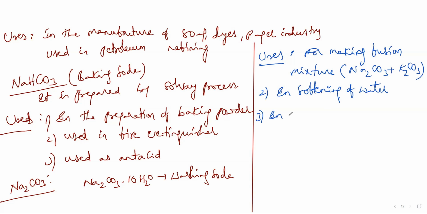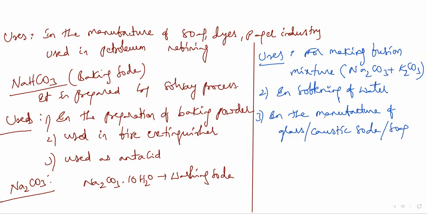Next, in the manufacture of glass, caustic soda, and in soap. So these are different compounds formed by alkali metals.